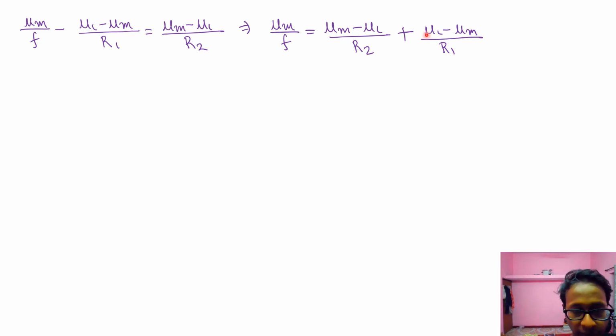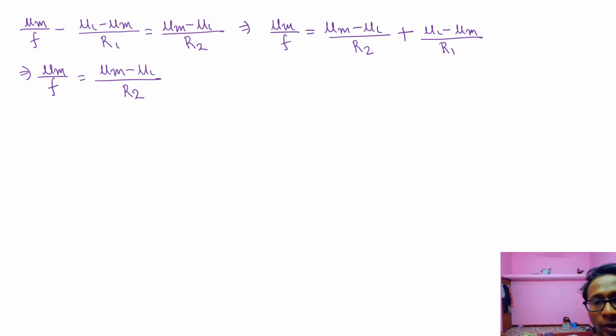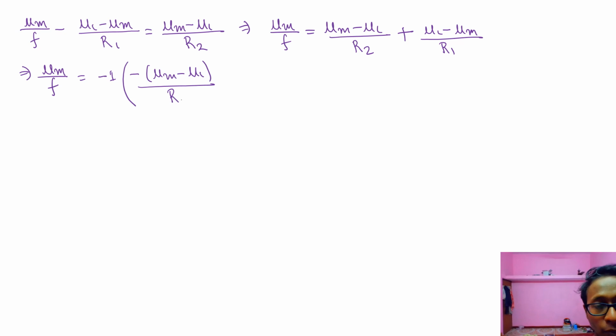See, out here, mu l minus mu m, can I multiply this entire thing by minus? Let's multiply this entire thing by minus. Why am I multiplying by minus?